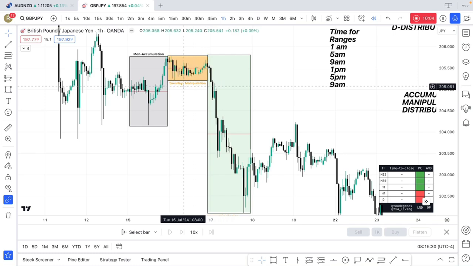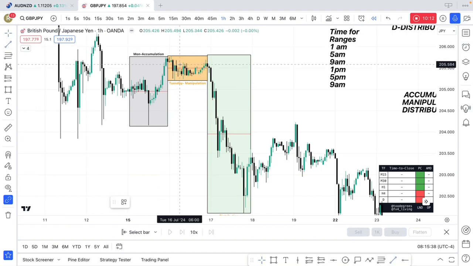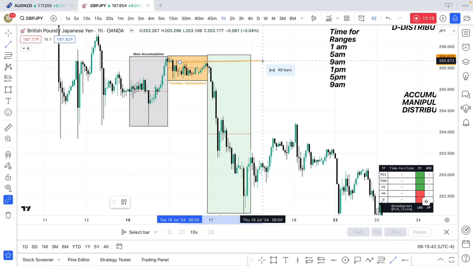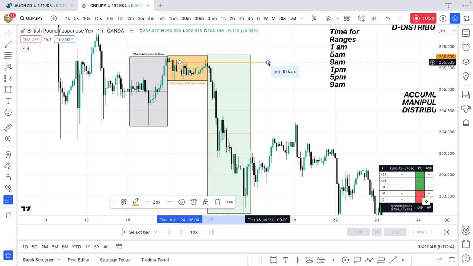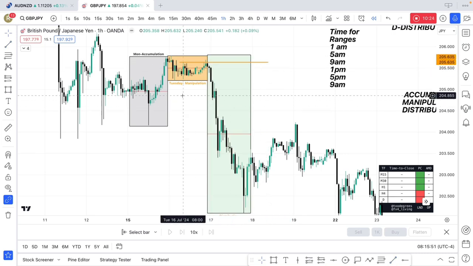This is the 8 a.m. candle, and in it you're going to draw the high of the 8 a.m. candle.